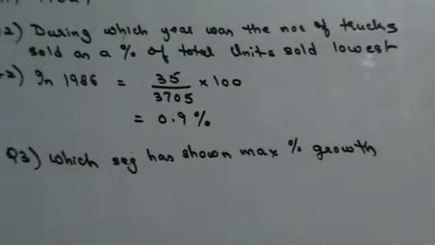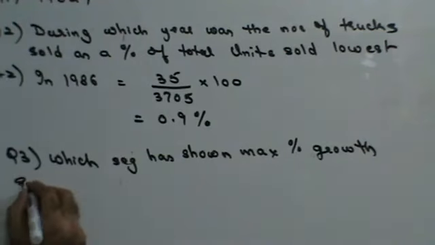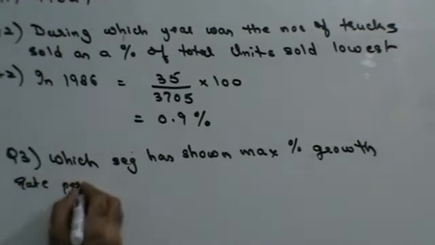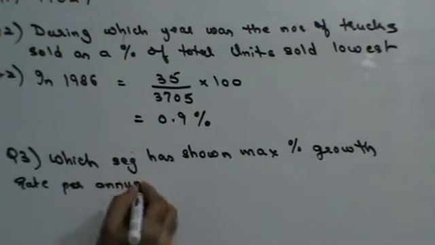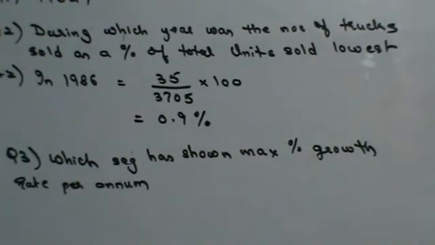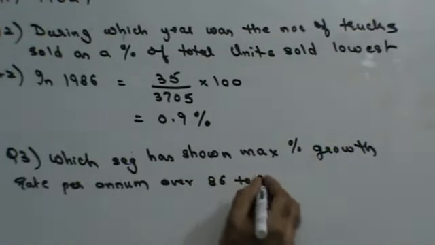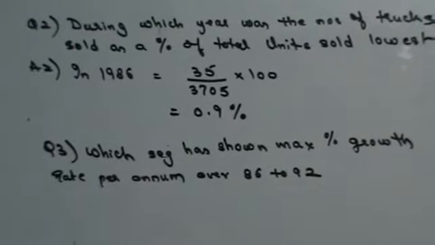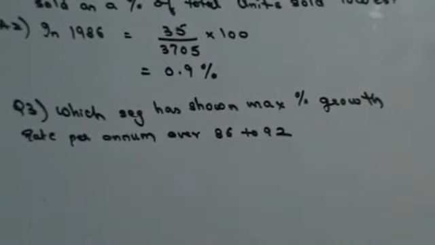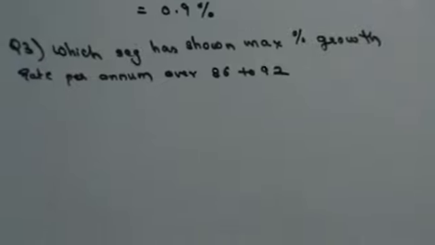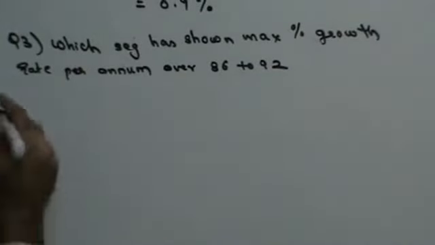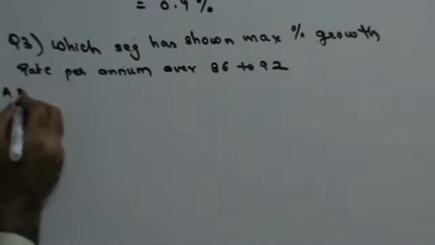Maximum percentage growth rate per annum over 86 to 92. Right? Now, which category? Let's see this.